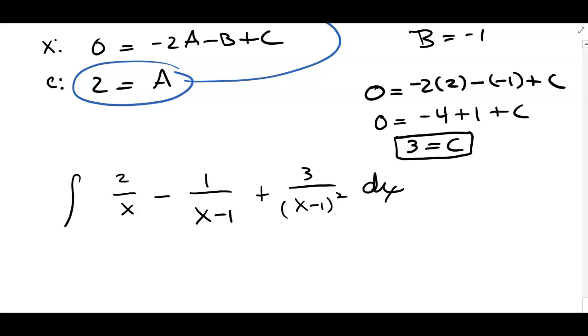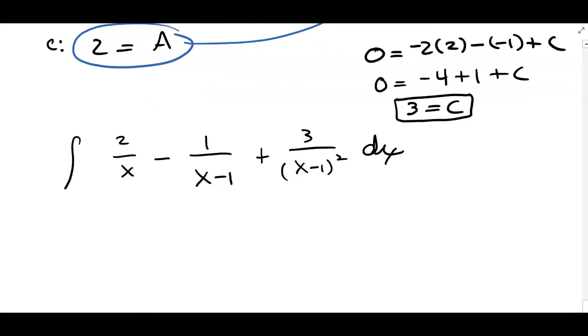I have to do a lot of individual u sub. The first two are pretty straightforward. Hopefully you recognize, bring the 2 out, it's just 1 over x, right? So that's just going to be 2 ln of x. Same for this one, because the derivative is just 1, so it's minus ln of x minus 1.